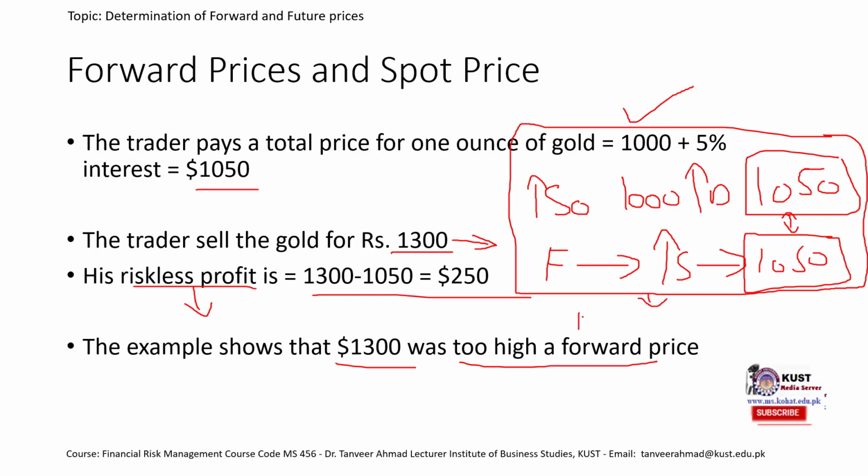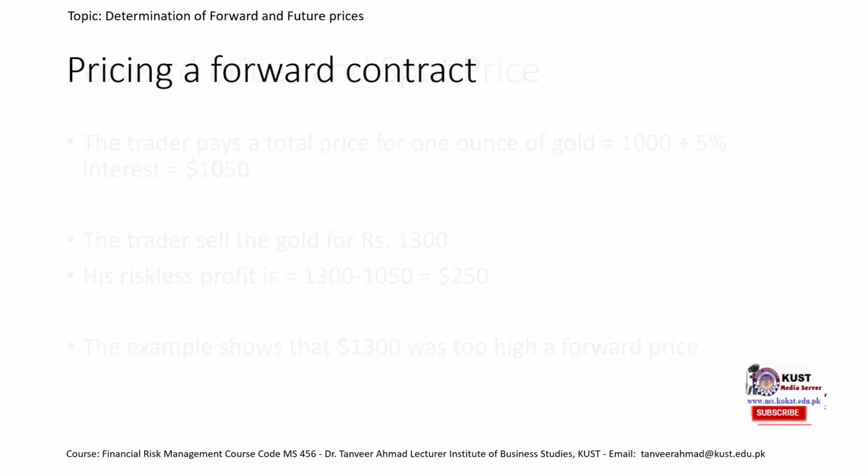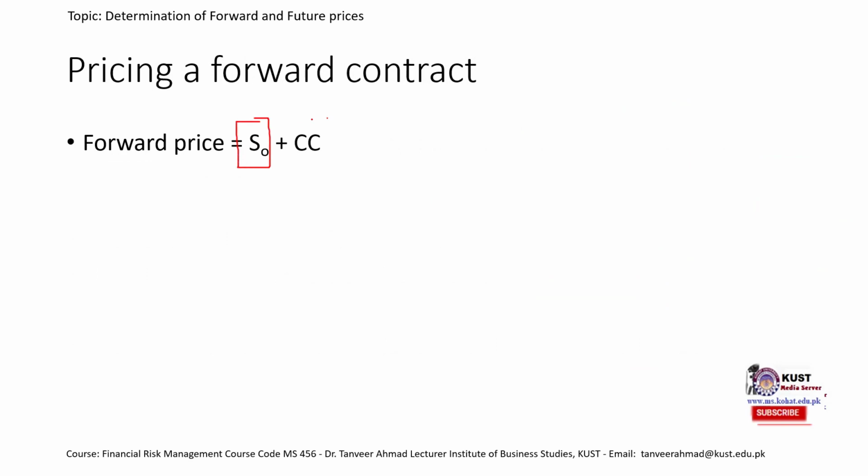At what forward price, denoted by F0, would this equilibrium happen, where there would be no arbitrage opportunity? That would happen when F0 is equal to S0 plus the cost of carry. S0 is the spot price, the current price in the market. In the previous example, it was 1,000.